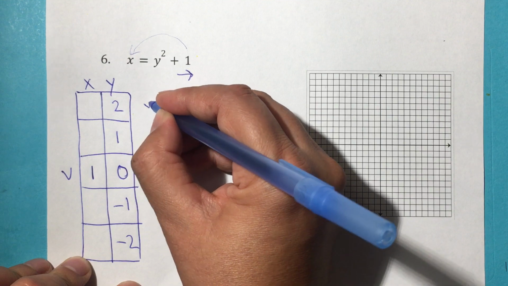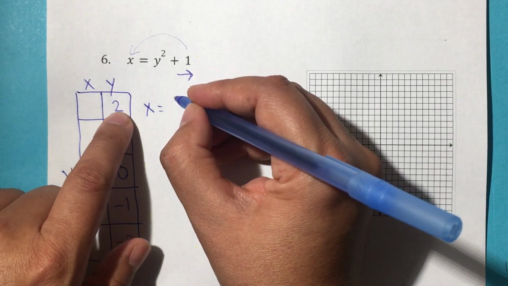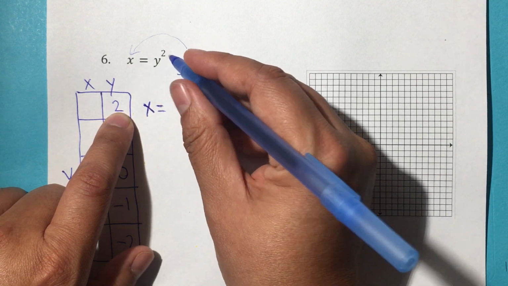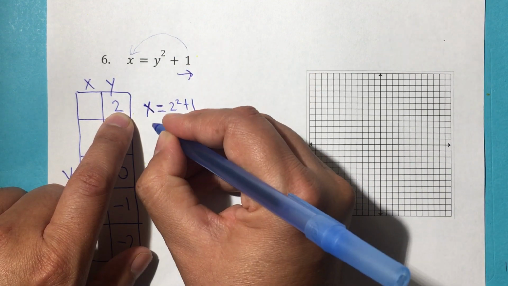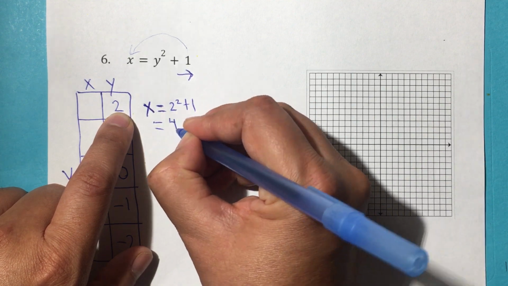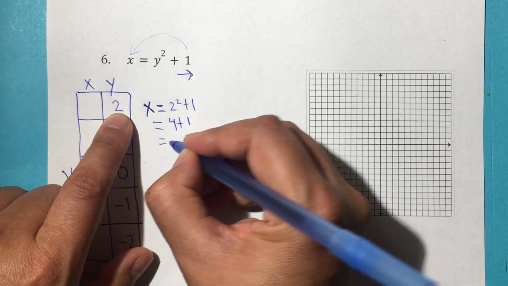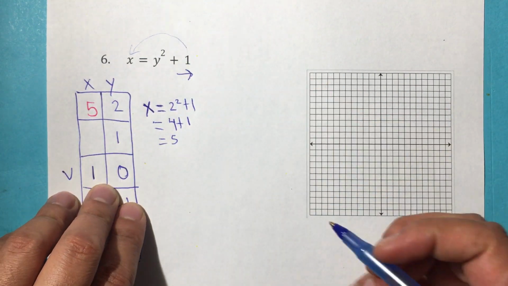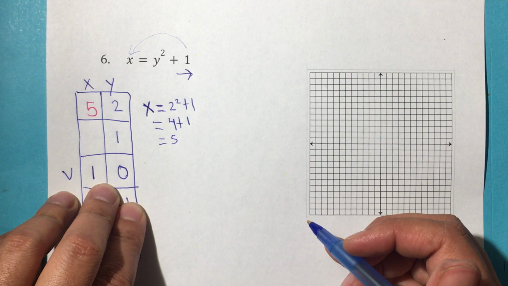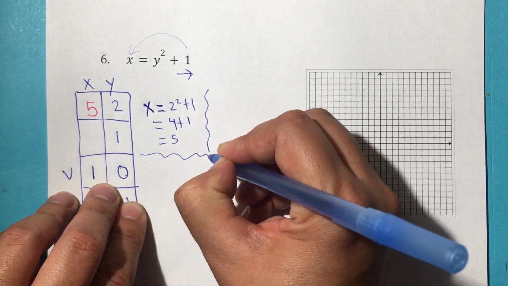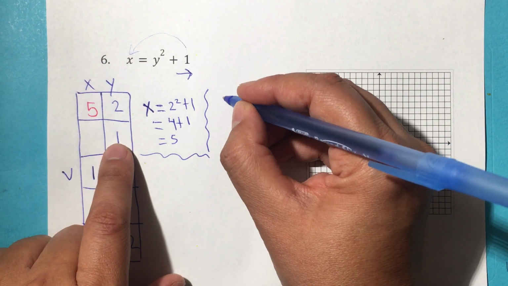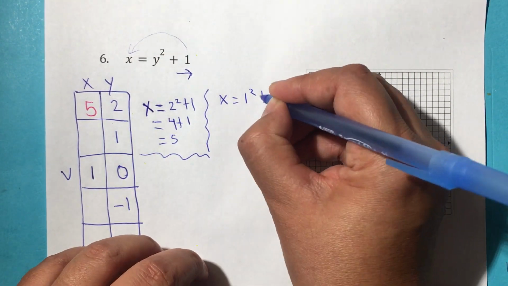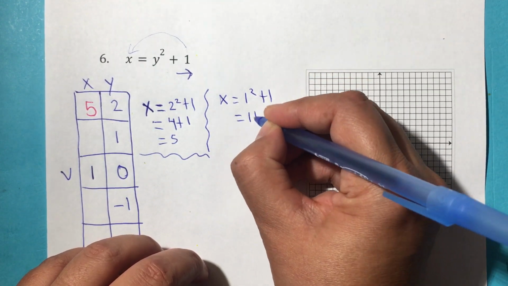And we start solving. x is equal to y squared plus 1, so 2 squared plus 1, which is equal to 4 plus 1, and that is 5. Okay, so 5 right there. And the next one, x is equal to 1 squared plus 1. 1 times 1 is 1 plus 1 equals 2.